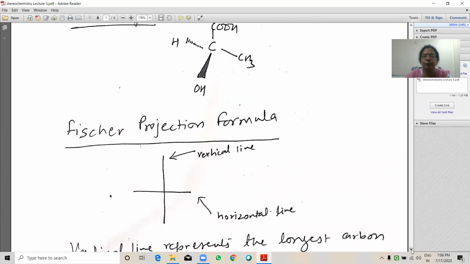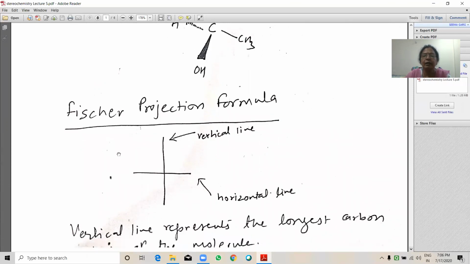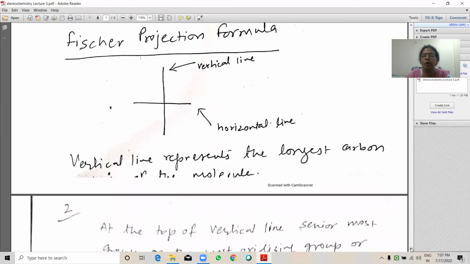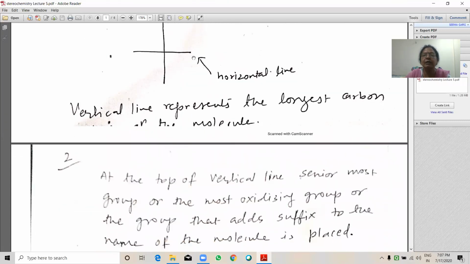Fischer projection formula. In Fischer projection formula, the molecule is represented in this way, with a vertical line and a horizontal line. The vertical line represents the longest carbon chain, whereas on the horizontal line we will represent the other two groups or elements.